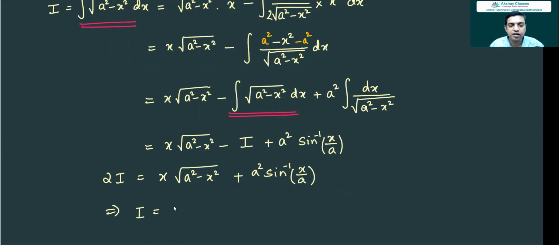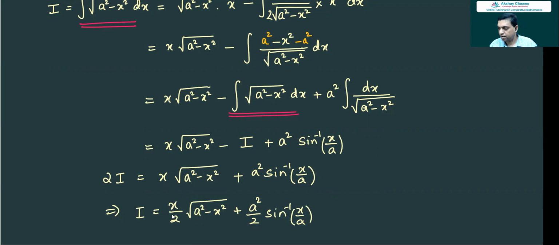So I will be x upon 2 under root of a square minus x square plus a square upon 2 sine inverse x upon a. Okay, so that's the result.